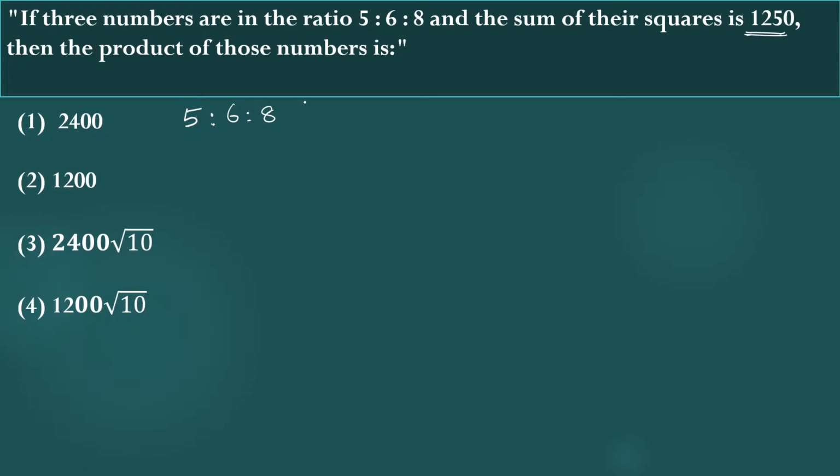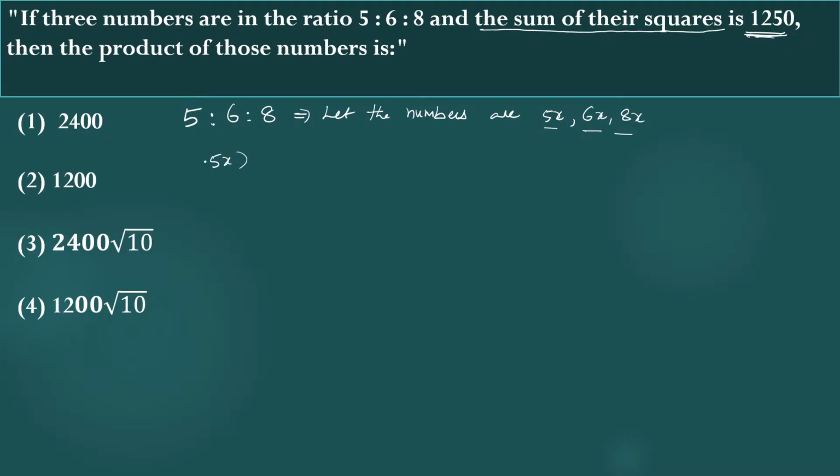They have given the sum of their squares. So let the numbers be 5x, 6x and 8x. The sum of the squares of these numbers is 1250.